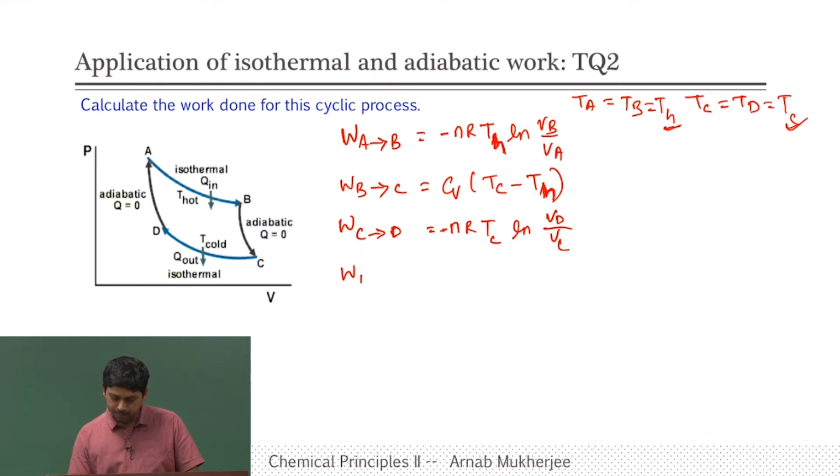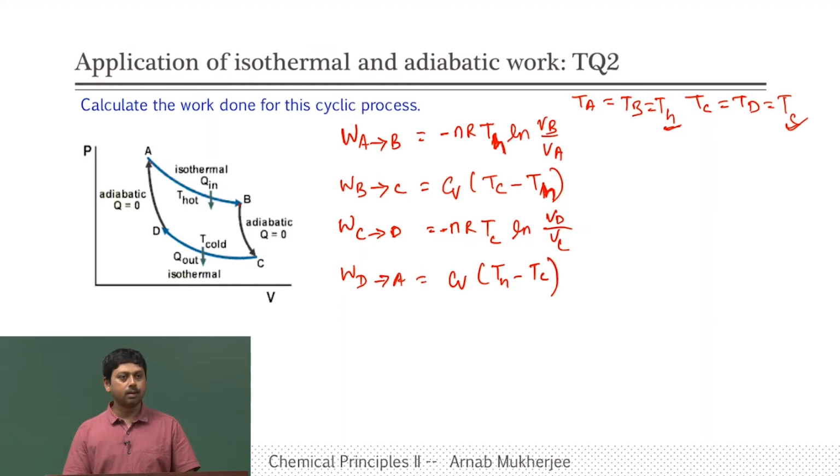Now, the last step, D to A, again C V T H minus T C. Okay. Is it correct? Now, what is the total work done then?